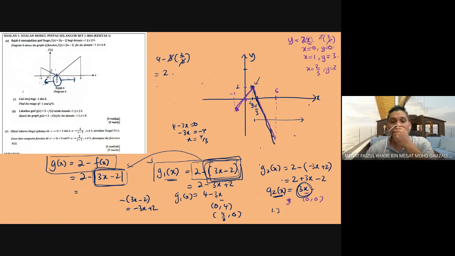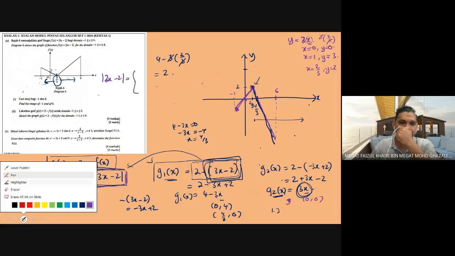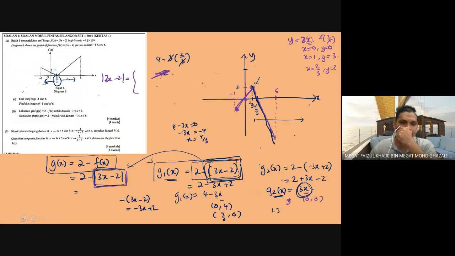Okay. The reason I explained to you from the beginning, especially when it comes to this, is that the domain of this function we still use as we discussed earlier, where the modulus function we divide into two parts: 3x minus 2 for x greater than or equal to 2 over 3, and negative 3x plus 2 for x less than 2 over 3.